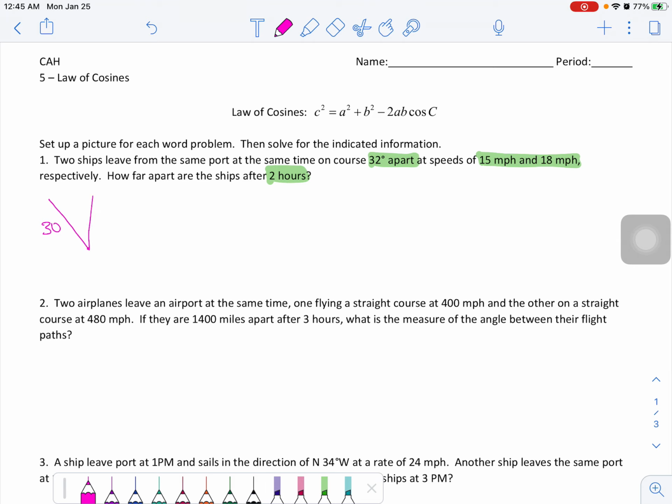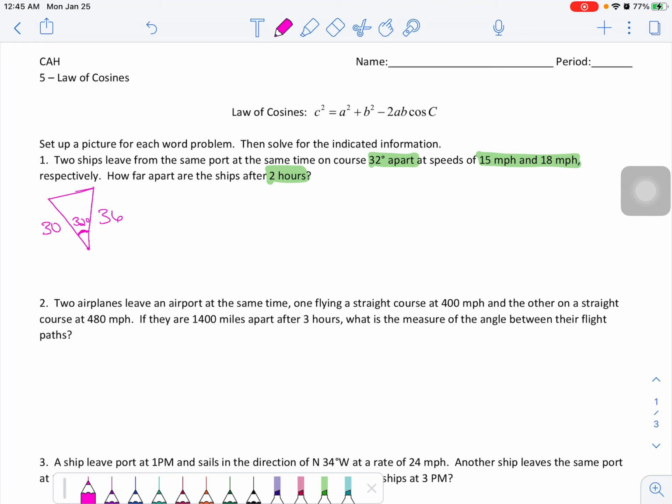And they left the same port, same time on a course. This angle here is 32 degrees apart. Okay. And the other ship was traveling 18 miles per hour. 18 times 2 is 36. So that other ship has now covered 36 miles.